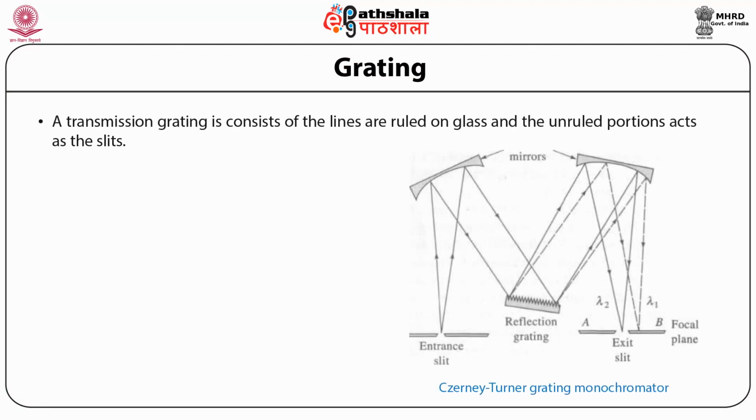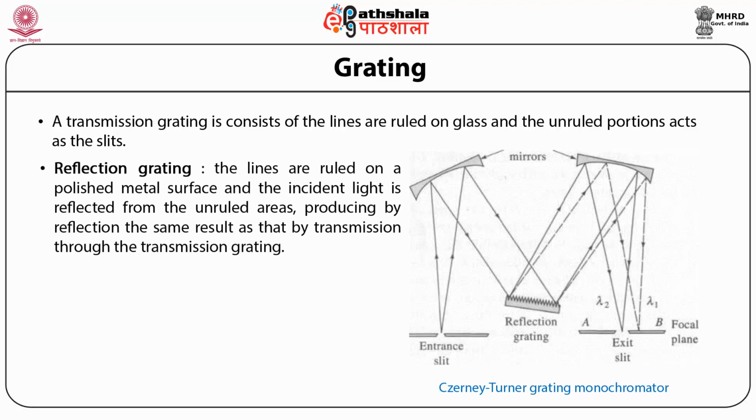Gratings. A transmission grating consists of lines that are ruled on glass and the unruled portion acts as the slit. Reflection gratings. The lines are ruled on a polished metal surface and the incident light is reflected from the unruled area, producing by reflection the same result as that by transmission through the transmission grating.